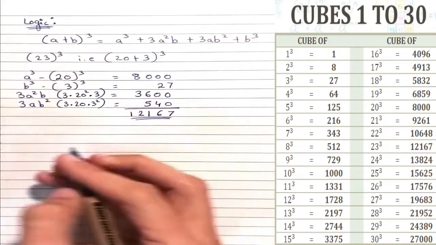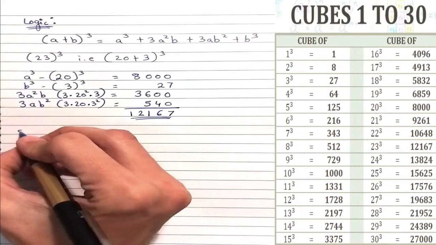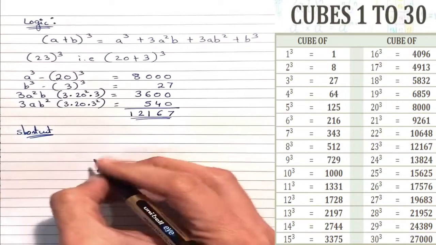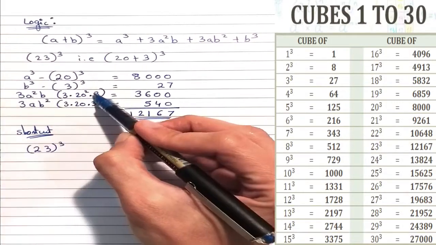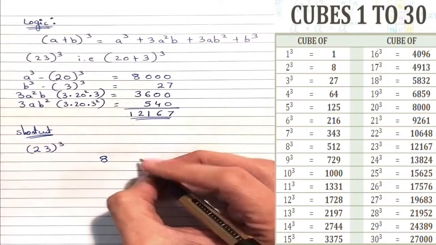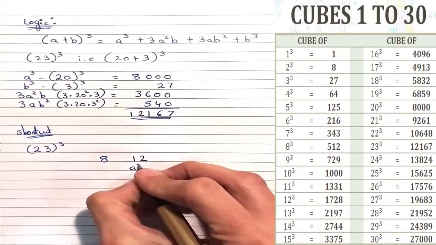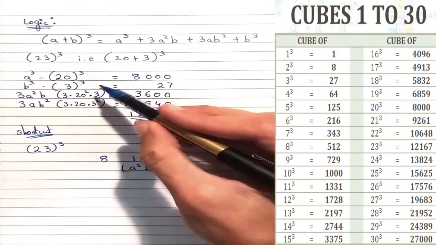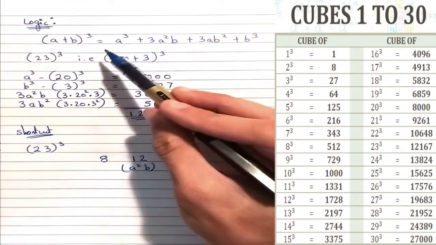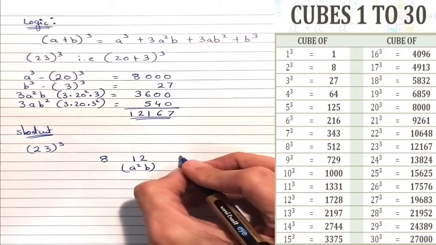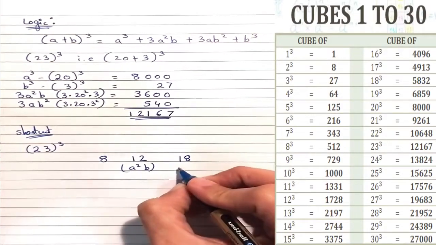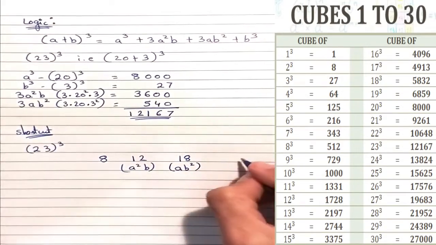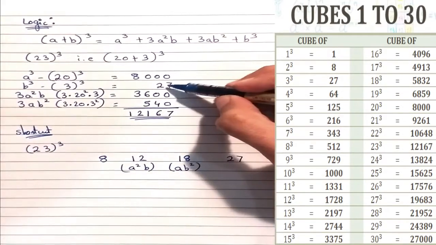Basically in the shortcut method we avoid using 0 and hence we do our calculation with 2 instead of 20. So in the shortcut method, we have taken 8 and then for the middle two numbers, that is 3a square b and 3ab square, what we have done is we have taken just a square b and ab square, right?